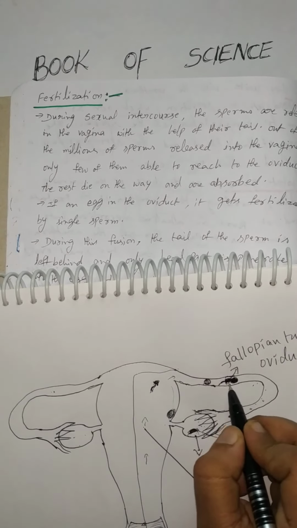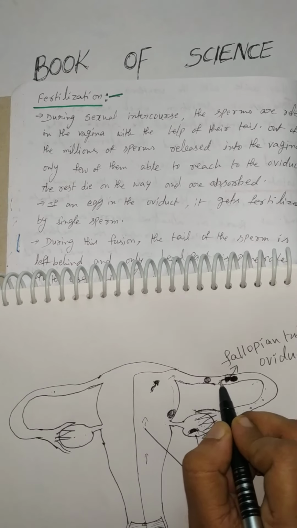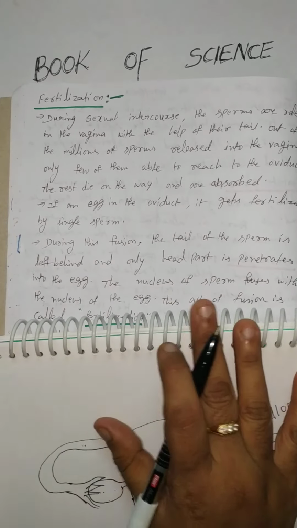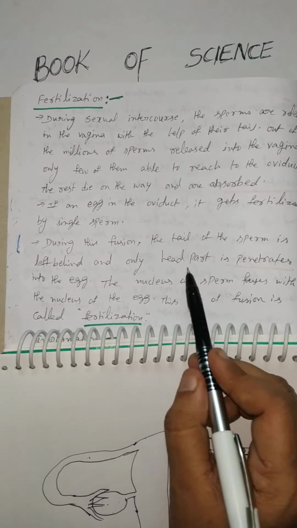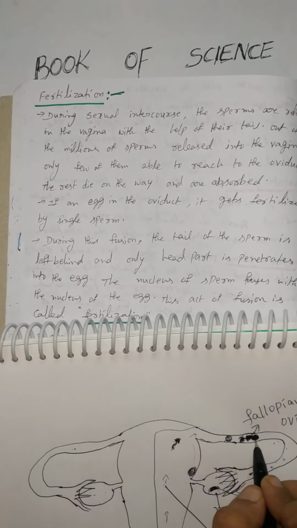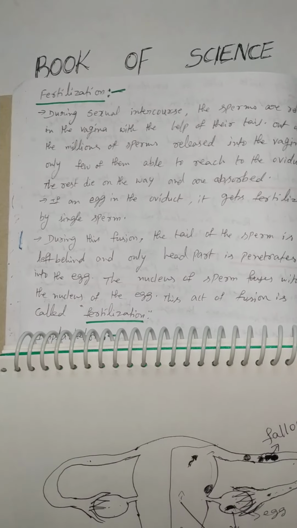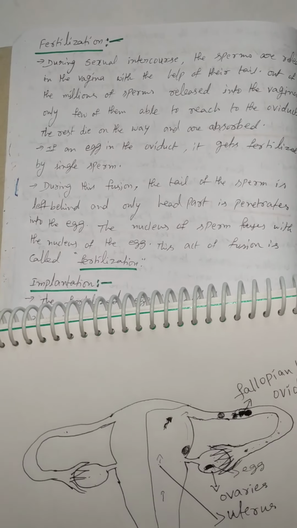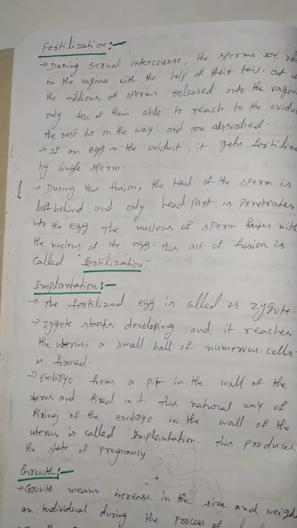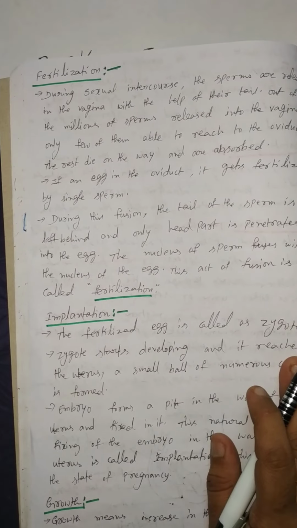So here the sperm penetrates into the egg, then the tail is detached. So only the head part penetrates and enters into the egg. The nucleus of the sperm fuses with the nucleus of the egg. This act of fusion is called fertilization.